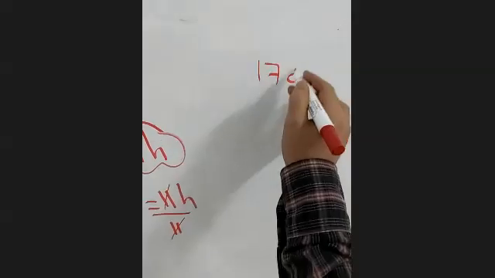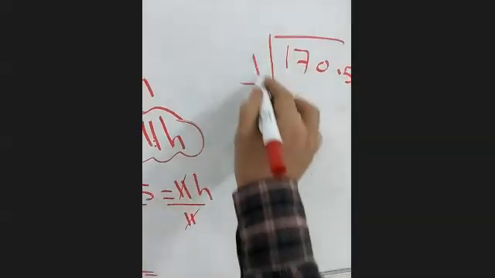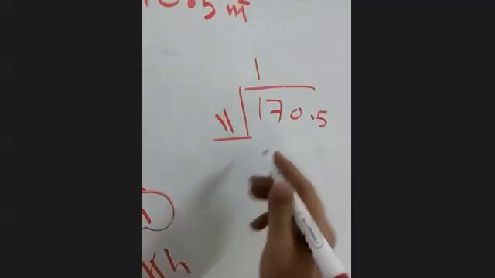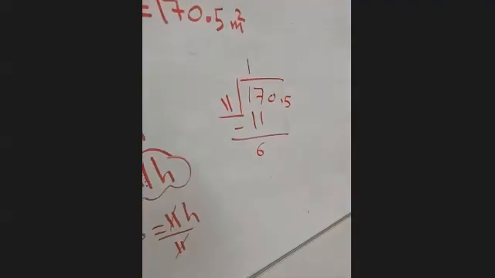Let's divide 170.5 by 11. Now the 1 cannot divide on 11, but the 17 can. What we put here? 1, because 2 gives 22, bigger than 17. 1 by 11, 11, subtract, 6, right?